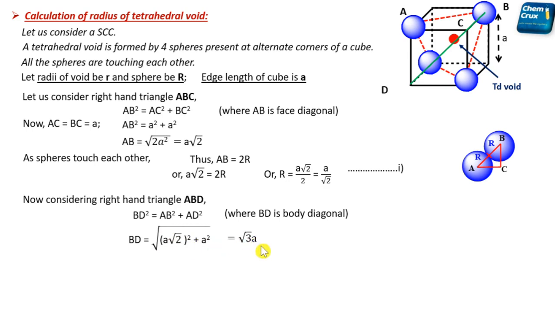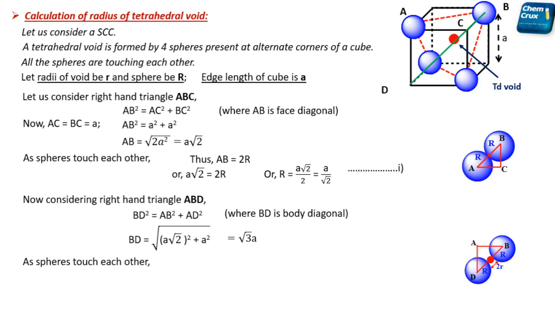Now again the spheres touch each other like this. So BD is the body diagonal. Now at point B, there is a sphere. At point D, there is also a sphere, because we know in SCC, all the 8 corners have one sphere, right?